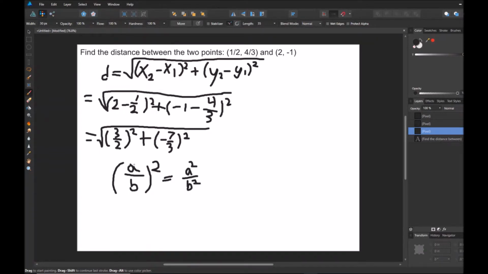And of course, a and b are just variable names. I could have picked i or j or any letter, but this just means if you have any number over any number and they're both being squared, then it's the same thing as the numerator squared over the denominator squared. So when we have 3 over 2 being squared, it's the same thing as 3 squared over 2 squared. So 3 squared is 9. So 9 over, and then 2 squared is 4.